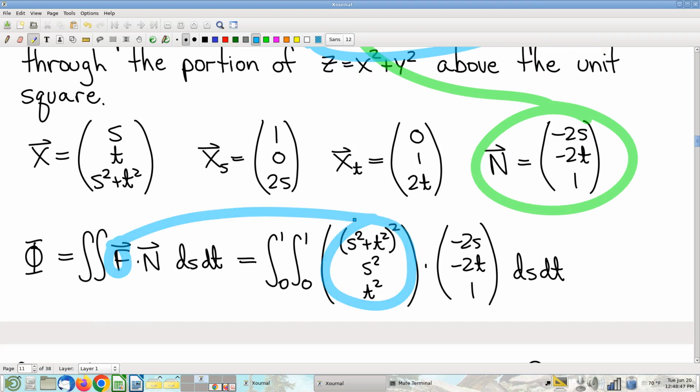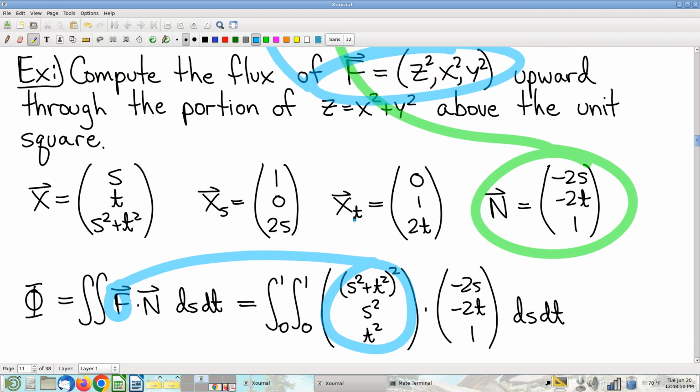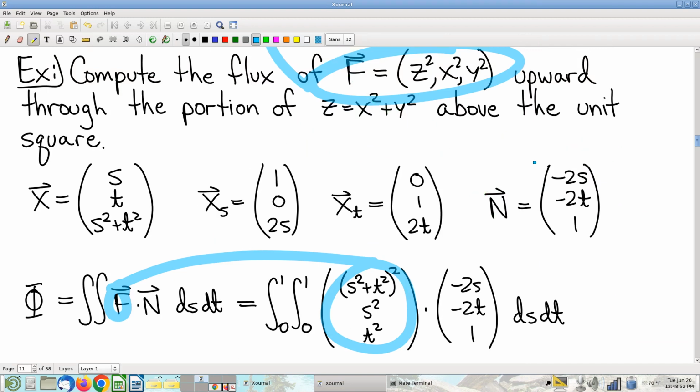Now, there's a little tweak, a subtlety here. You'll notice that what I've got written down there for the vector field doesn't look exactly the same. Don't forget you have to plug in. You have to pull back through the parameterization. So, in particular, notice it says right here z squared. But don't forget what z is. Z is the third coordinate of the parameterization. So where it says z, you've got to plug in what z is.